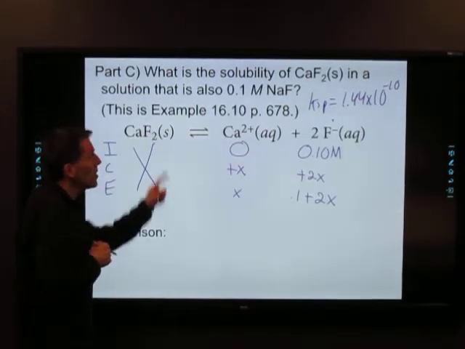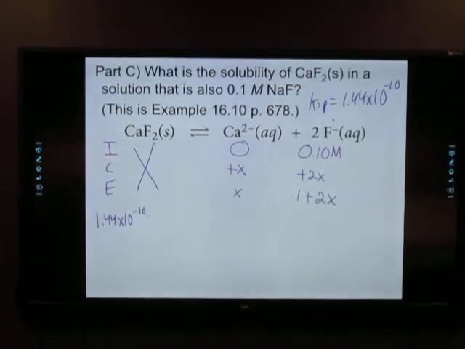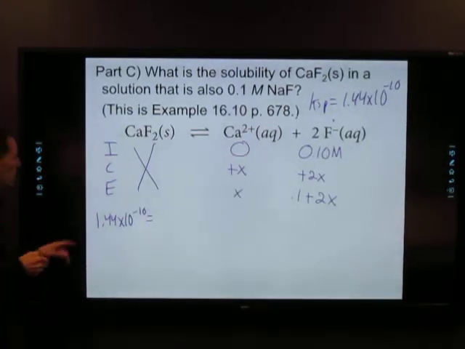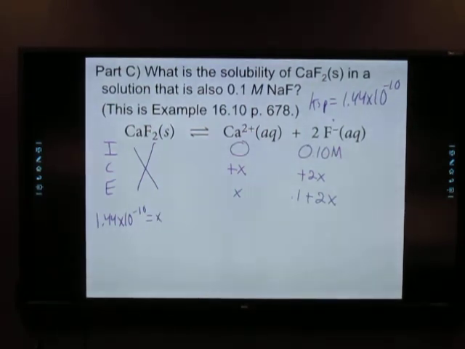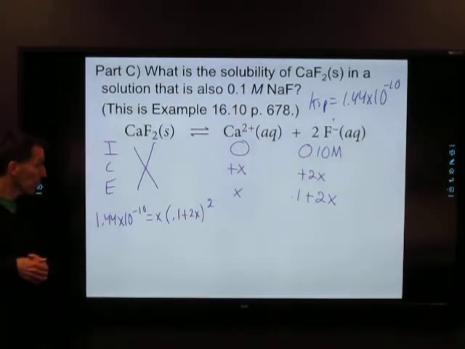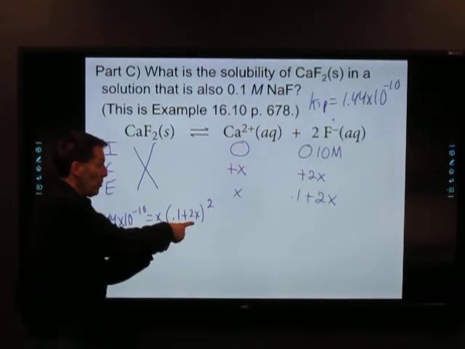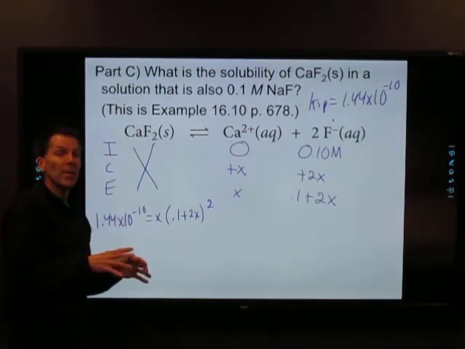And so KSP is given as 1.44 times 10 to the negative 10th, equals x times 0.1 plus 2x squared. If we do a FOIL on that from algebra, we would end up with a cubic term, and it'd be very hard to solve.